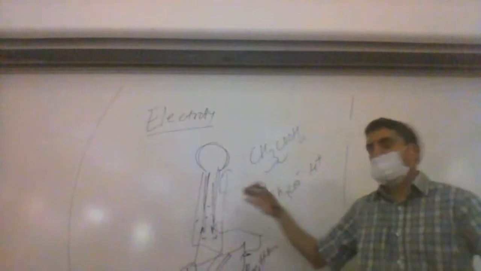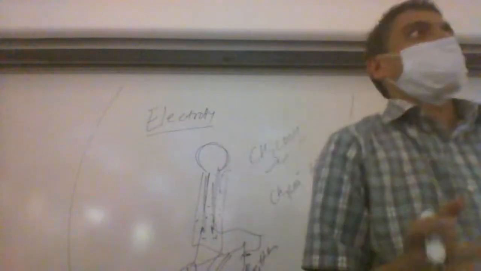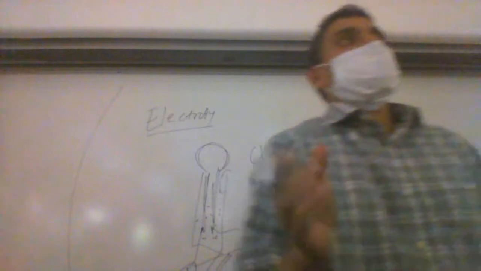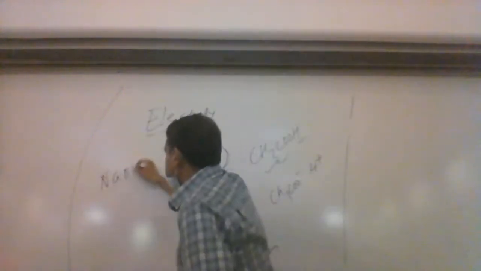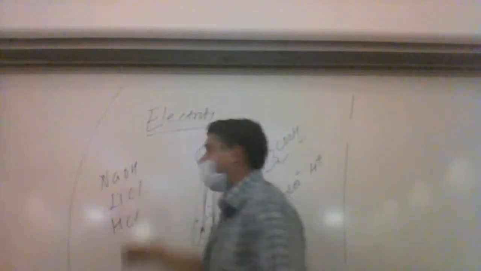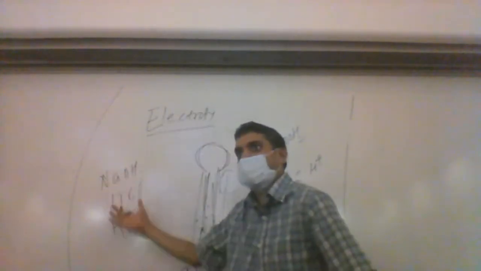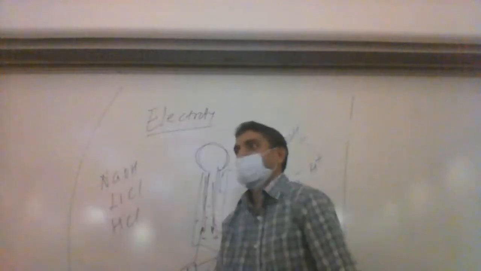So how do we know some are strong electrolytes and some are weak electrolytes? If you have an inorganic compound like NaOH, LiCl, HCl, no carbon here, right? Do we see carbon here? No carbon, right? So this kind of compound is a strong electrolyte.